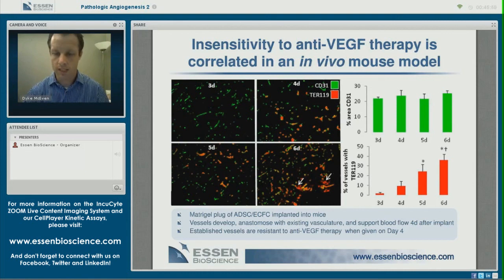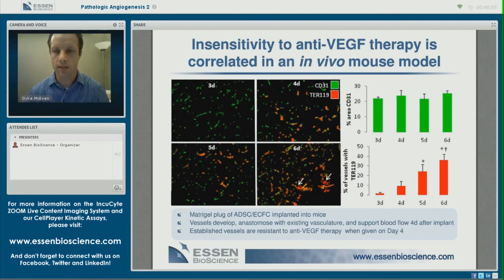Further, we wanted to test if this vasculature was functional with the endogenous mouse vascular beds. And we did this by injection of TIR119, which labels blood vessels and is able to investigate blood flow in these mice.